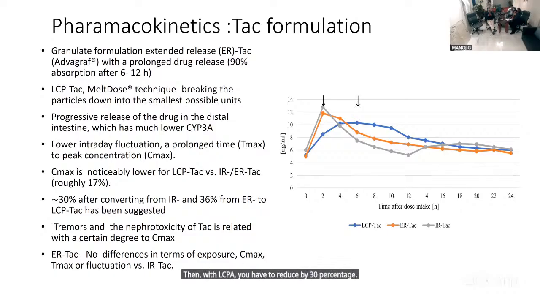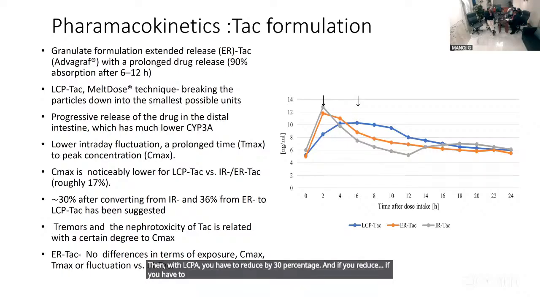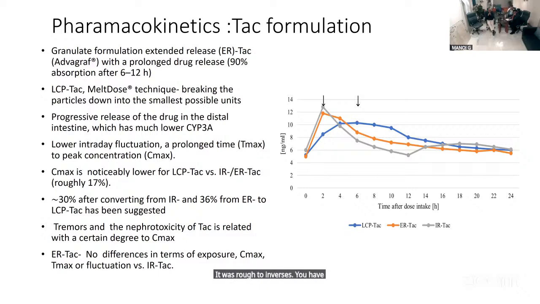And if you have to convert from Advagraf to Envarsus, you have to reduce it by 36%. That is the difference between extended release and LCP-TAC. More important is that, as I previously said, the C2 max level in tacrolimus does have a role in tremors and nephrotoxicity of TAC.